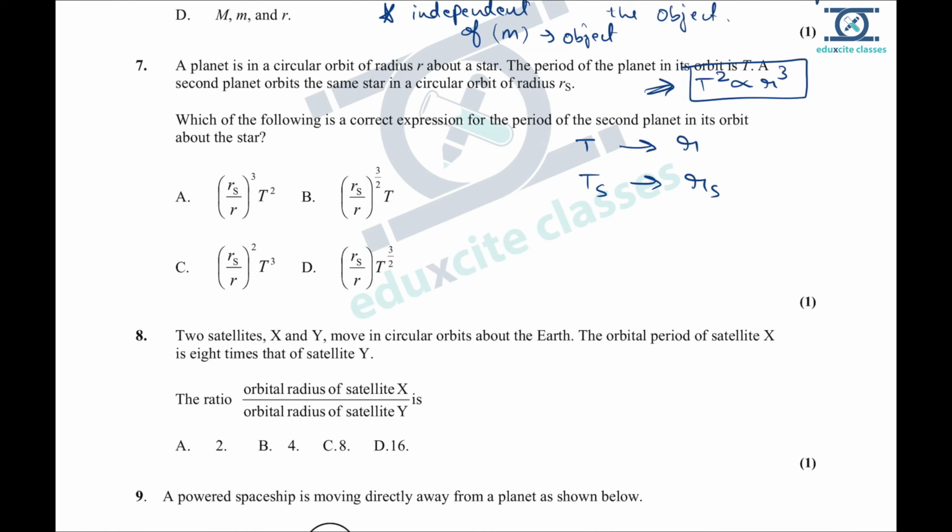So I just take the ratio: (ts/t) squared equals (rs/r) cubed. So ts will be (rs/r) raised to the power 3 by 2 times t. That is option B. Okay, you can solve, this is simple mathematics involved. If you didn't get it, just let me know in your comment box.